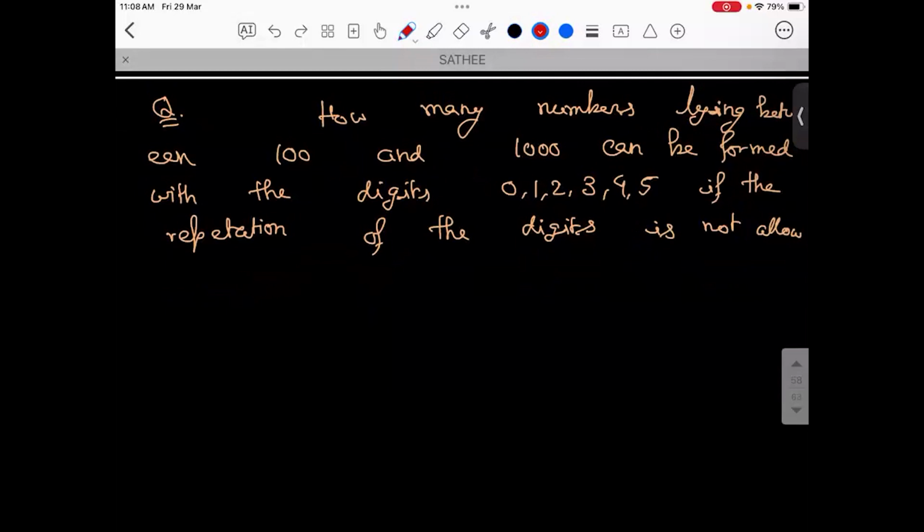So what is the question? How many numbers lying between 100 and 1000, that is, 3-digit numbers, can be formed with the digits 0, 1, 2, 3, 4, 5.